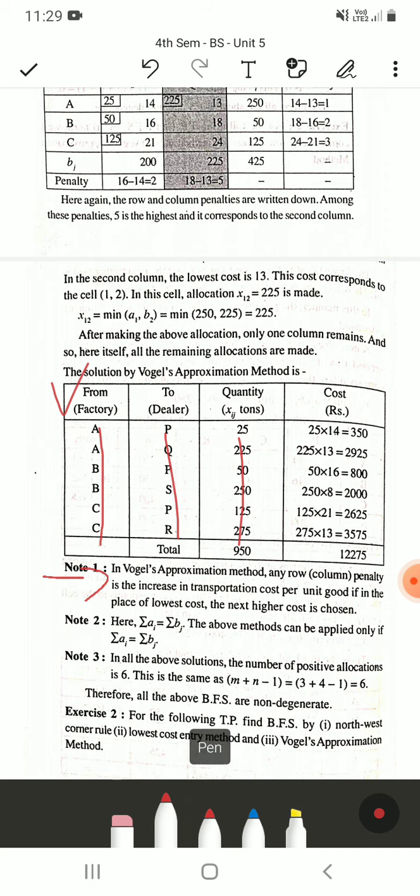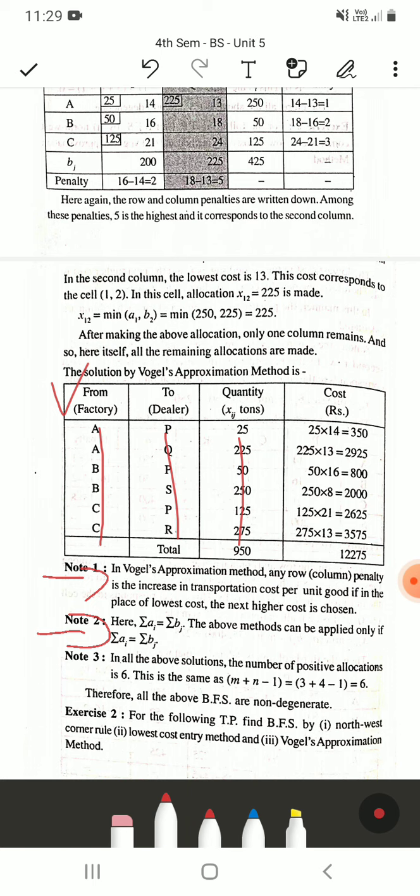So in Vogel's approximation method, any row or column penalty is the increase in transportation cost per unit if in the place of the lowest cost the next higher cost is chosen. And this is an important note here: summation ai is equal to summation bj.